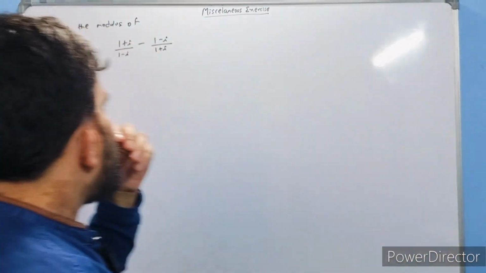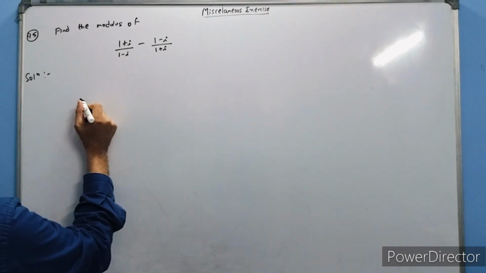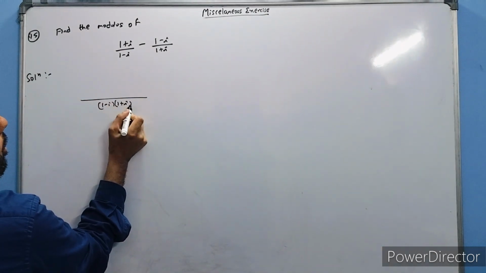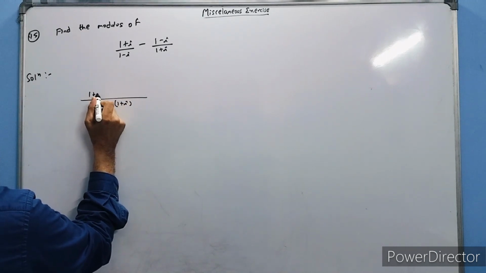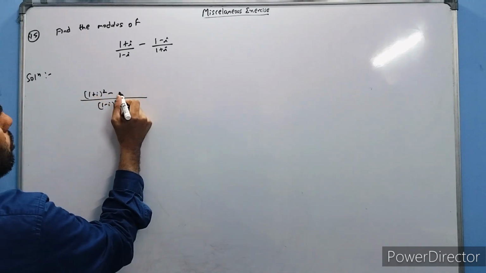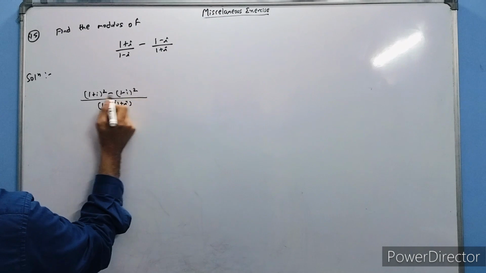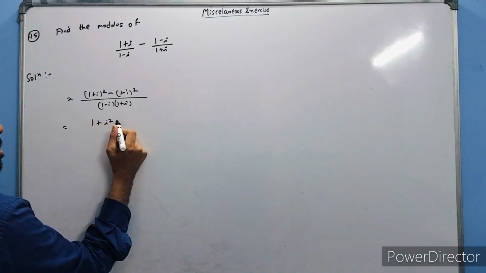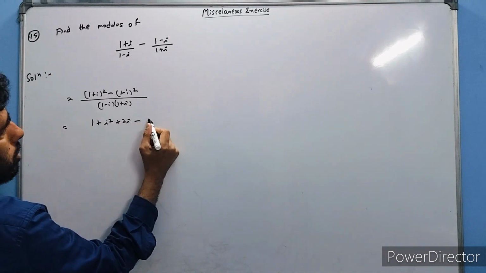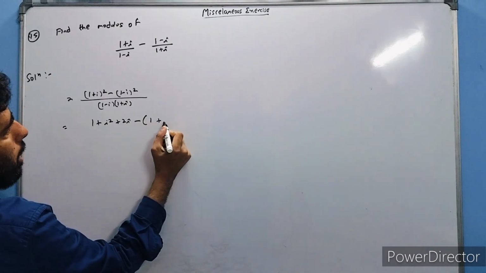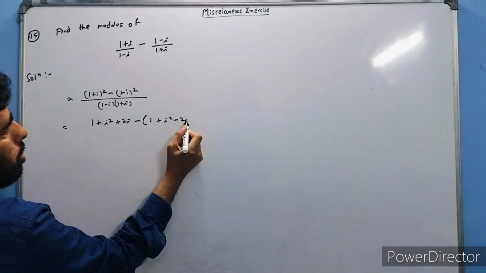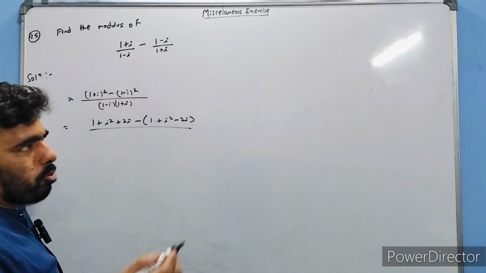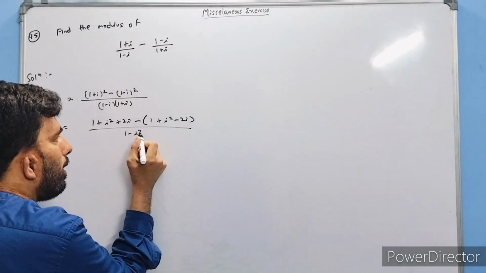So now let us solve this. Let us take the LCM here: (1 minus i)(1 plus i), with numerator (1 plus i) whole square minus (1 minus i) whole square. The next step will be 1 plus i square plus 2i minus, 1 minus 2i plus i square. The denominator is (a plus b)(a minus b), which is a square minus b square, so 1 minus i square.